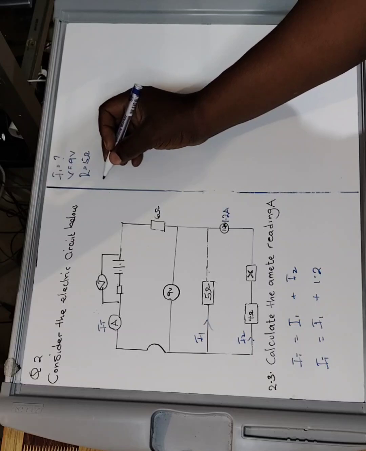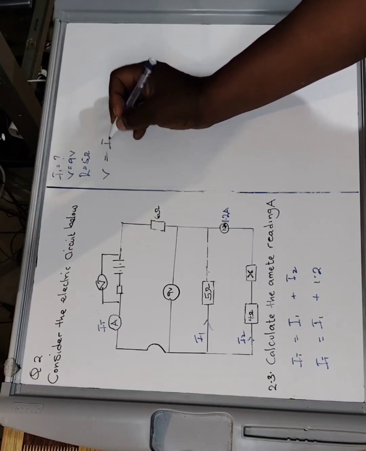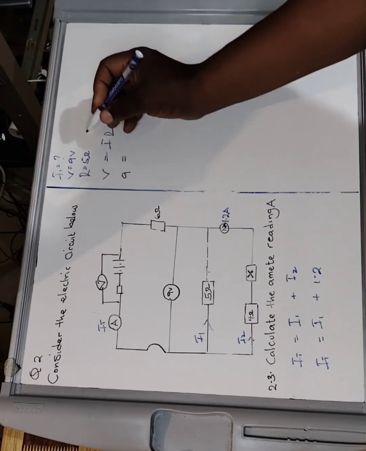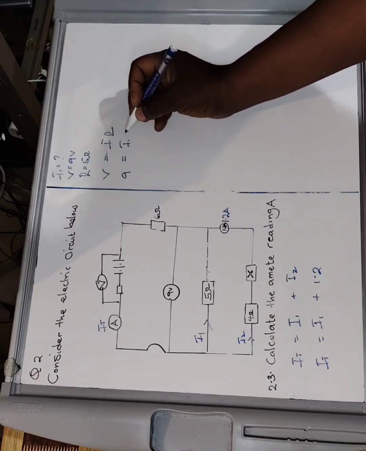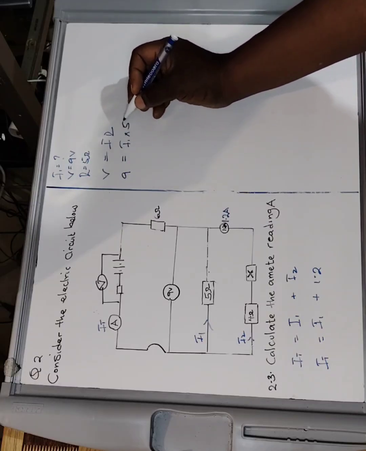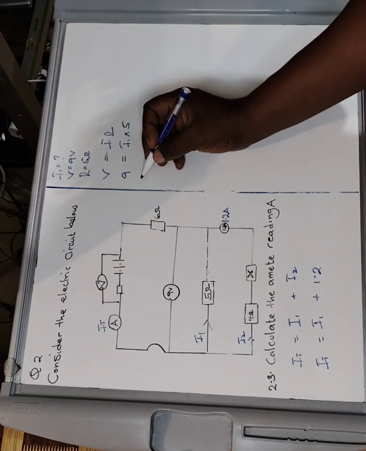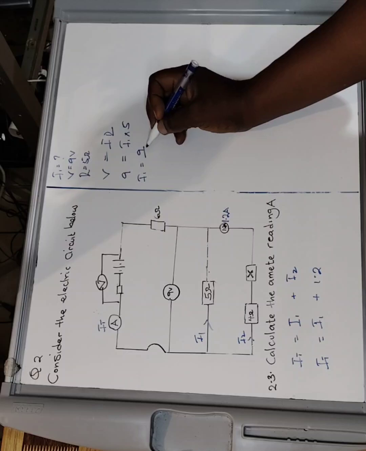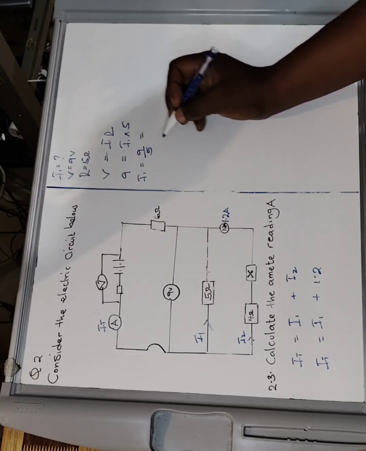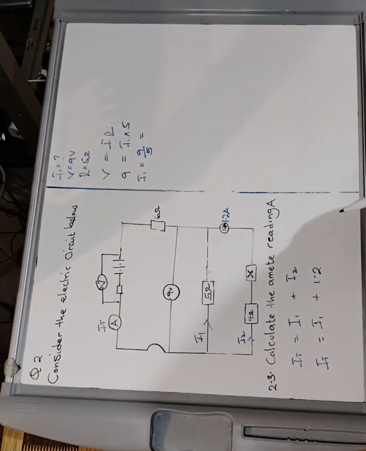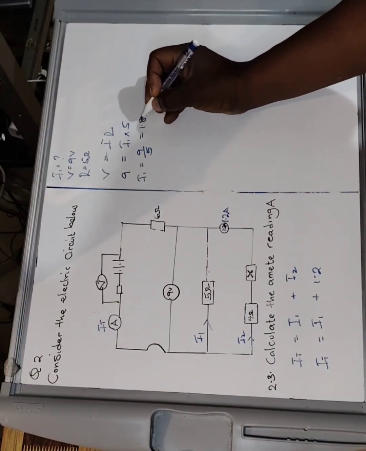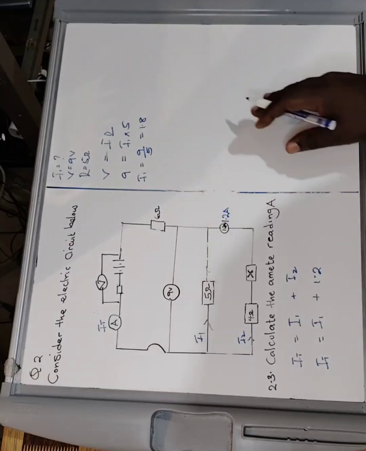So V is equal to IR, where V is 9, I is wanted, and R is 5. You get I1 equals 9 over 5. So we get 1.8 as I1.